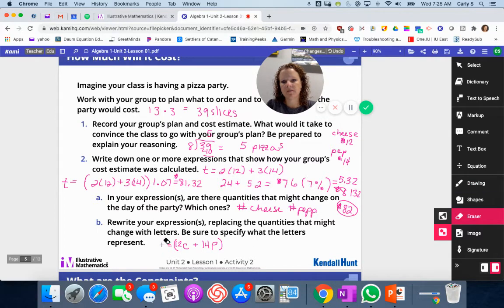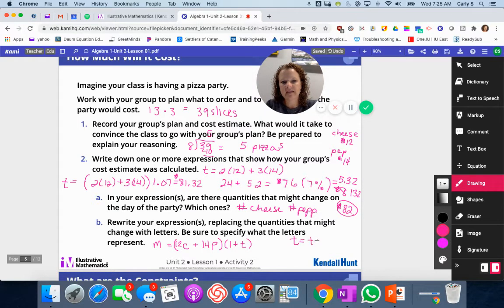Let's use money times, we're going to take this whole thing times 1 plus the tax. T equals the tax in decimal form. C equals the number of cheese pizzas.